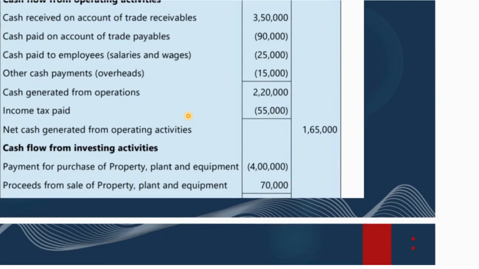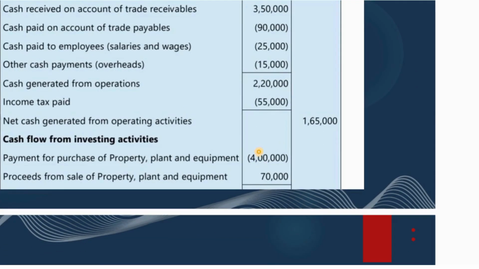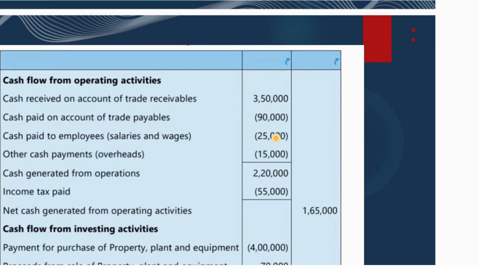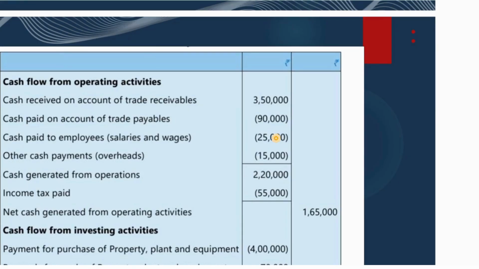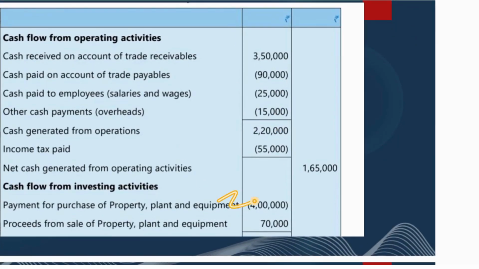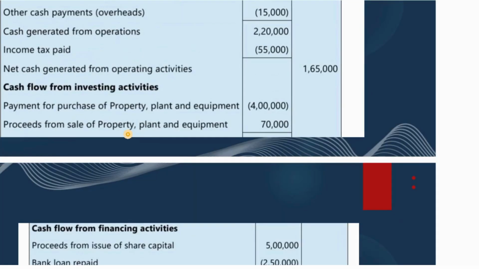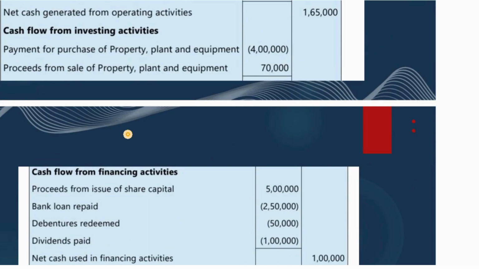You can record the payment as well, no problem. Since we have also purchased PPE for 4 lakhs, that has also been recorded here. After that you will be left with net cash generated from the investing activities.